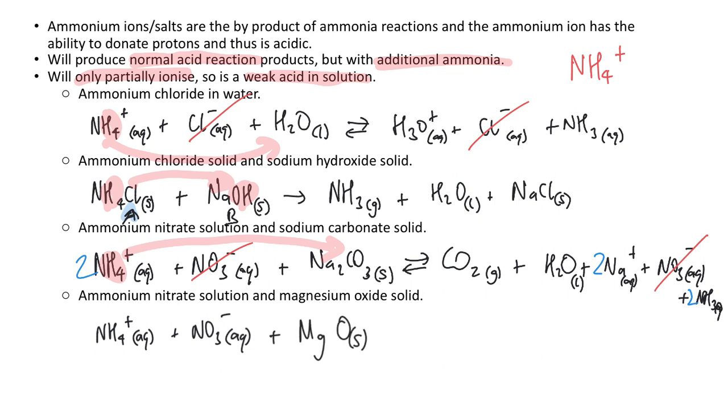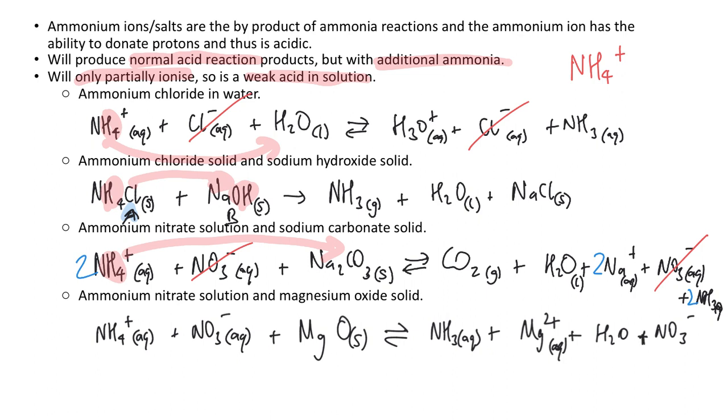So you end up with NH3, the ammonia, plus a bit of Mg2 plus AQ, plus a bit of H2O, plus a bit of NO3 minus.